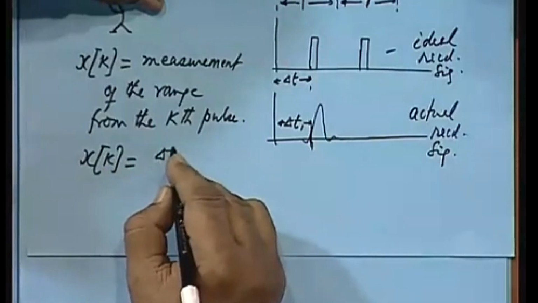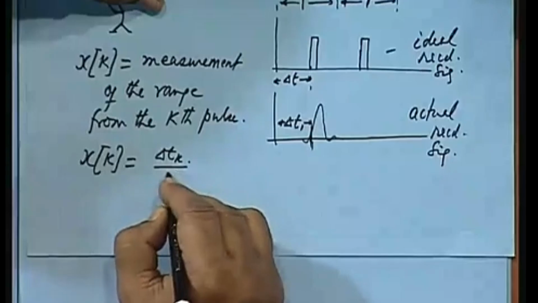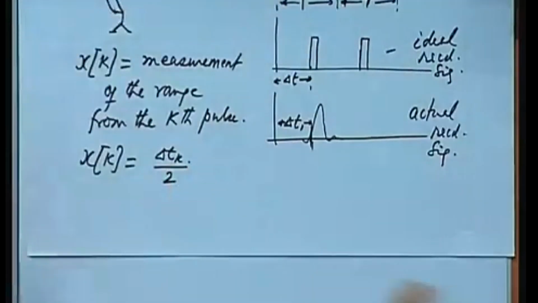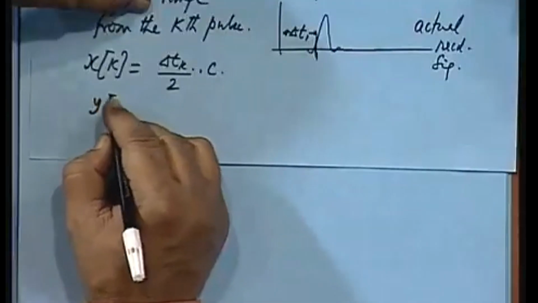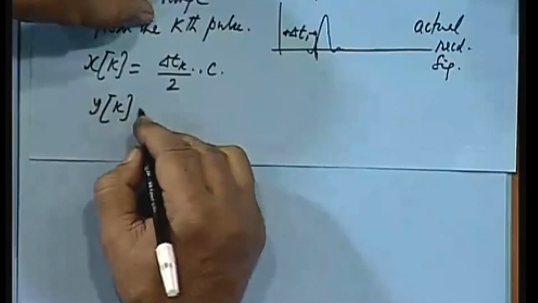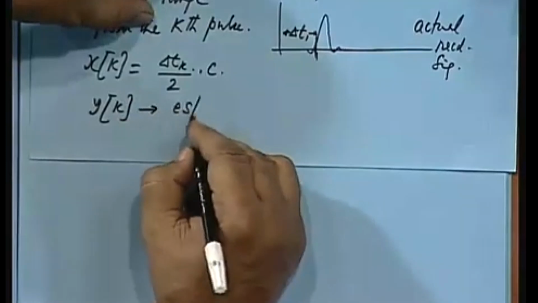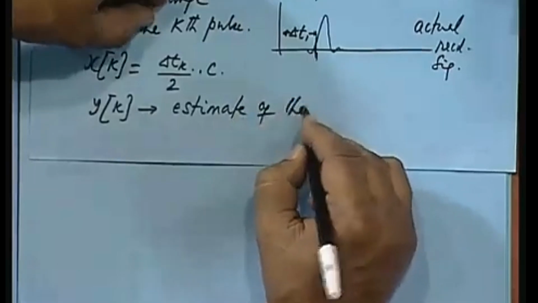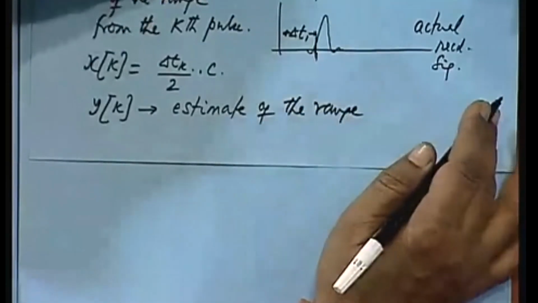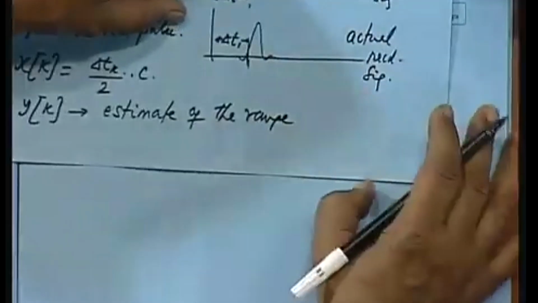It will be delta tk by 2, delta tk is the time for the kth pulse to return, all right. So, delta tk by 2 into the velocity of light, so many meters, okay. Yk is the estimate of the range after processing kth pulse.